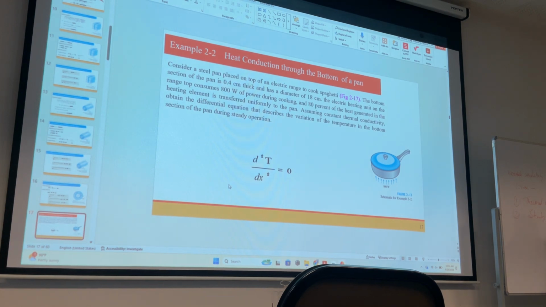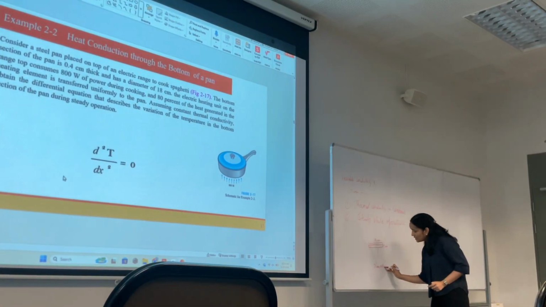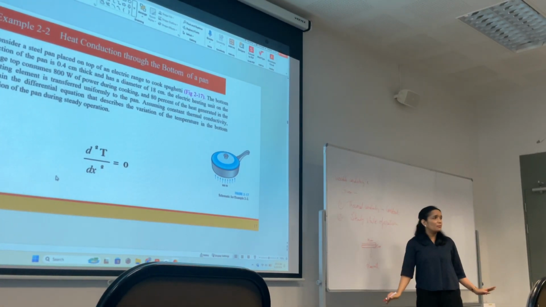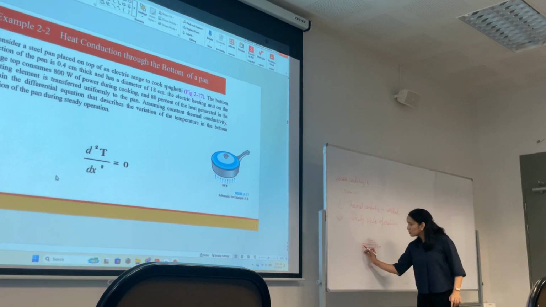Okay, this is the pan. The thickness is 0.4 something. Diameter is 18 centimeter. This you can assume as plain wall. Like I said, all types of systems in the universe can be divided into three coordinates. It's either going to be plain wall or a sphere or a cylinder. So this can be assumed as plain wall.